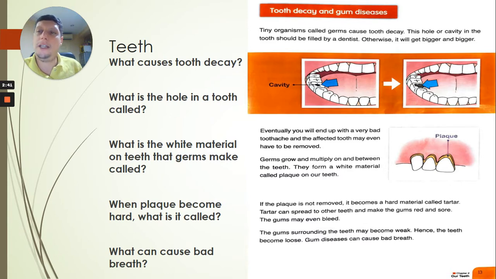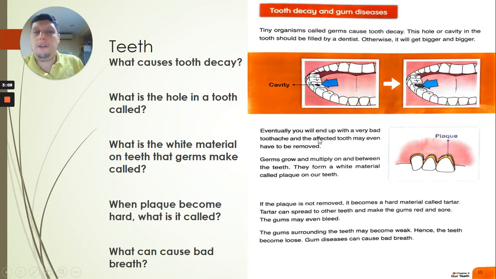And the cavity is caused by germs, by not brushing your teeth correctly, by not rinsing out your teeth correctly after you eat, or not going to visit the dentist at least 2 times per year. All of this will cause your teeth to decay and cause a cavity, okay?